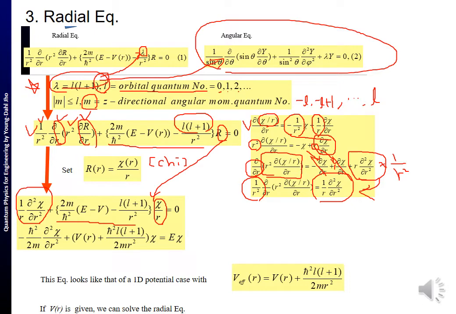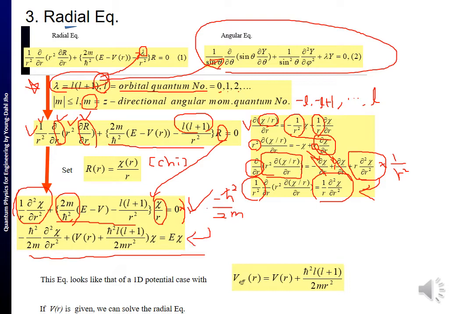Alright, so we rearrange this equation. We multiply both sides by small r, right? Both sides. And also, if you want, you multiply by minus h bar square over 2m.